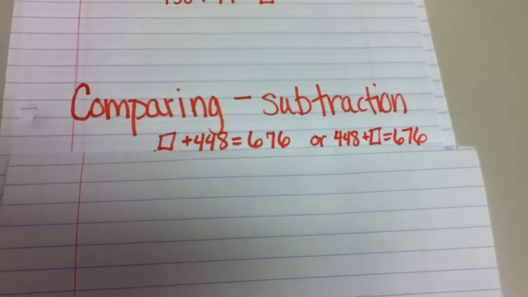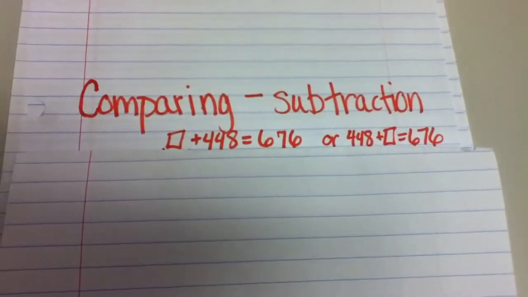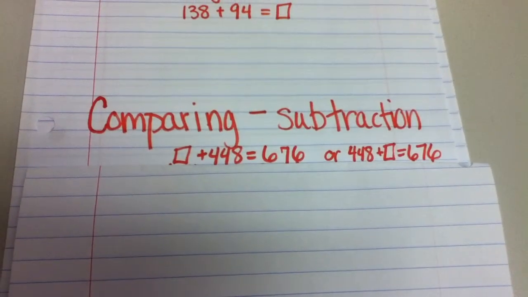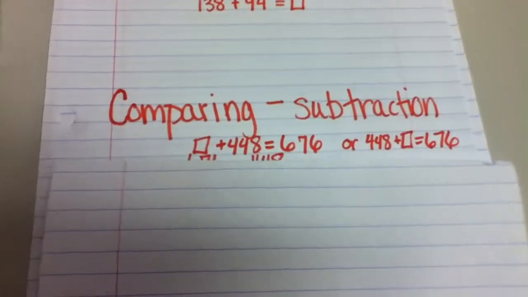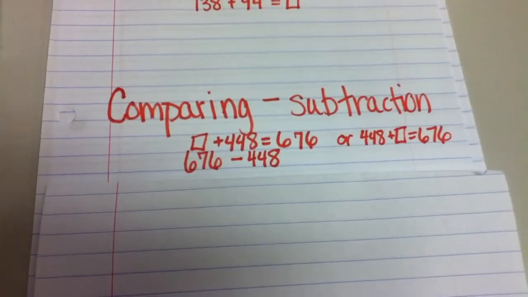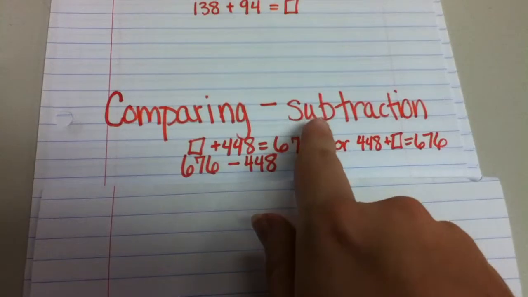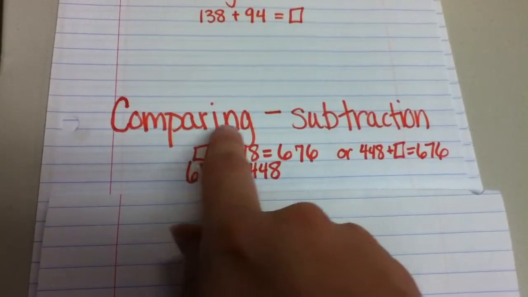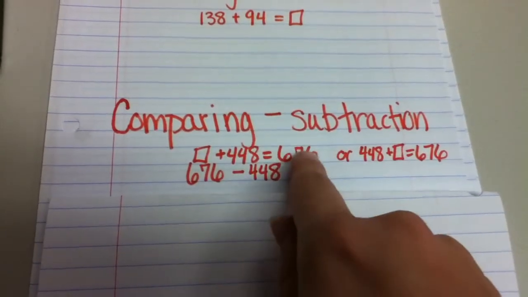And our kiddos have to look at what I'm really comparing here, that I have a bigger amount and I have a smaller amount, and I'm looking for the difference. So they would have to turn that around, because they would have to see that these two amounts here were combined to be this amount.